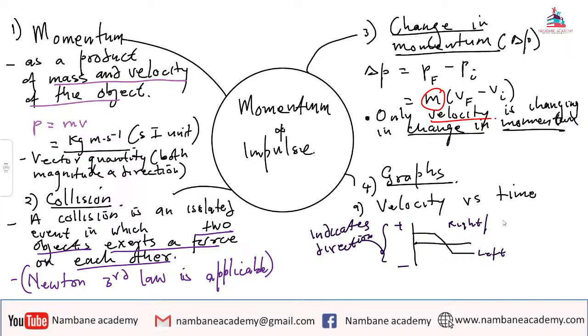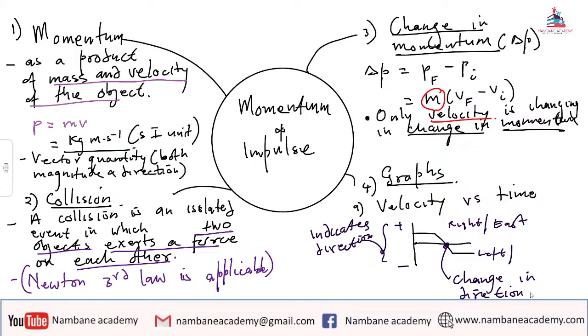If it is to the east, it basically says once it is below, it means we had somewhere here a change in direction. And this, ladies and gentlemen, the velocity versus time, because the velocity is changing, we can use this to actually understand the concept of change in momentum.